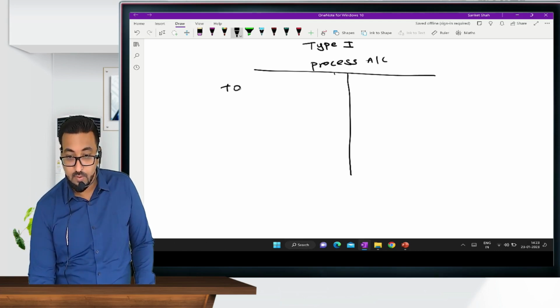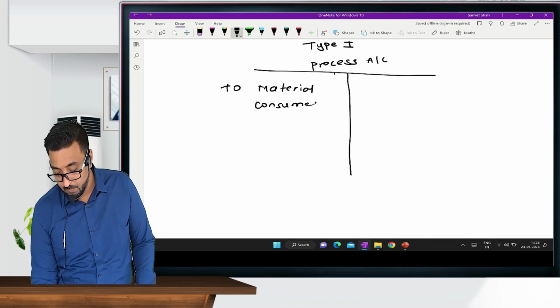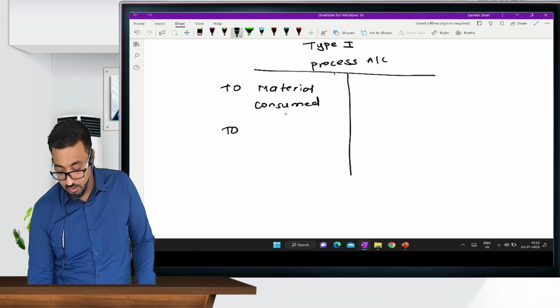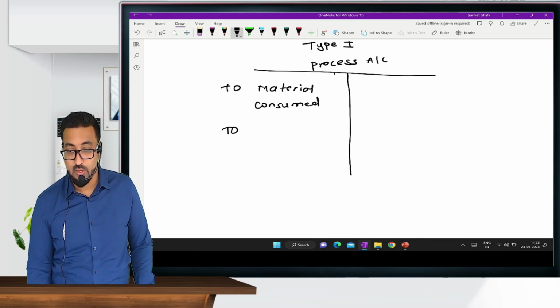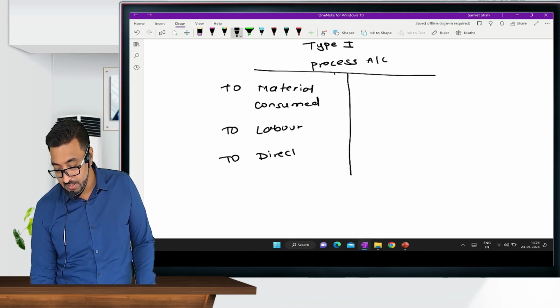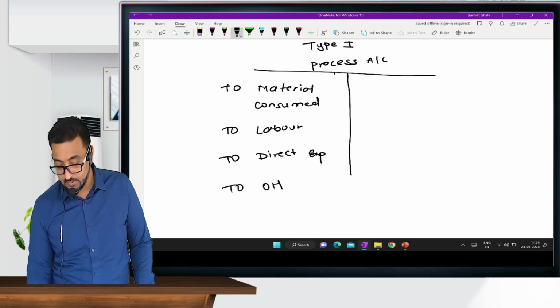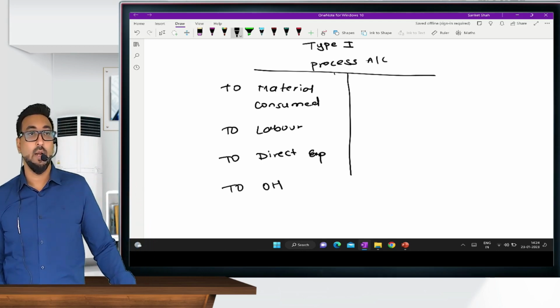बता। To material consumed on the debit side, or it might be transfer from process 1 आएगा, to labor or employee cost, to direct expense, and to overheads.